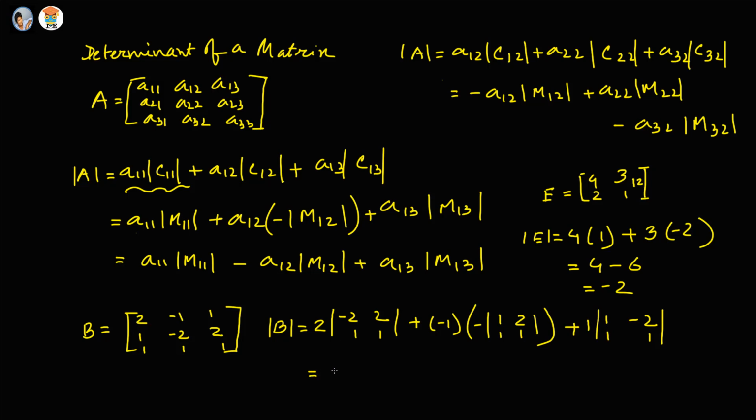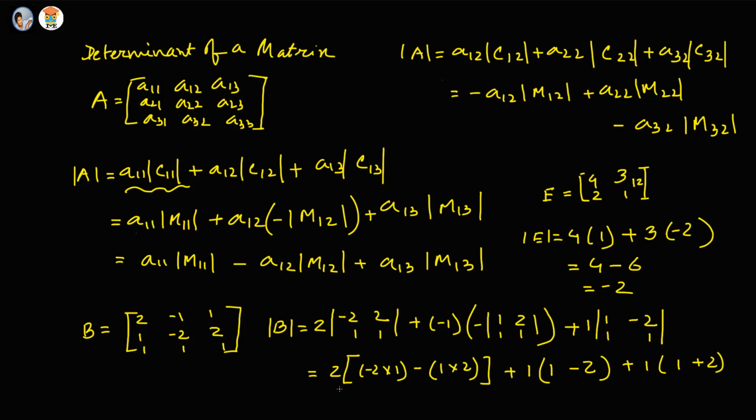So here we will have 2. Then if we multiply, this is minus 2 into 1, minus 2 into 1. Then we do the same operation. Here we can say minus 1 into 2 plus 1 multiplied by 1 into 1 minus 2, and here 1 into 1 plus 2.